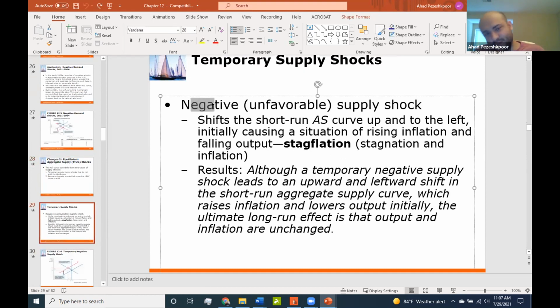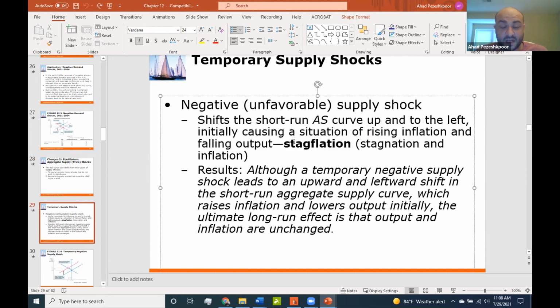Now, yes, it's called a negative or unfavorable supply shock. It shifts the short-term supply curve to the left. Less supply is available, initially causing a situation of rising inflation and falling output. This is called stagflation. This is a really bad thing.